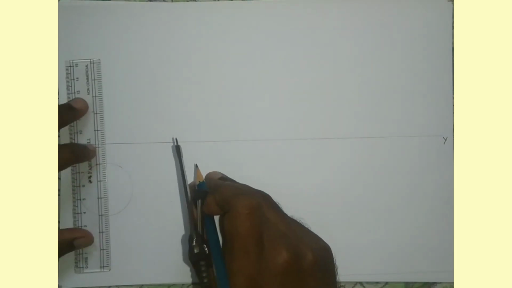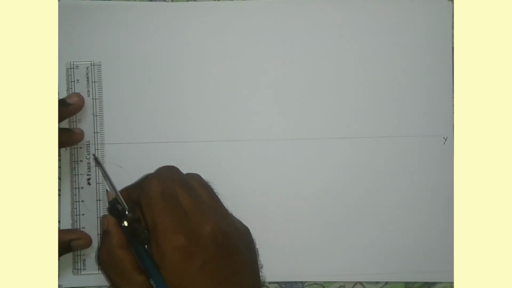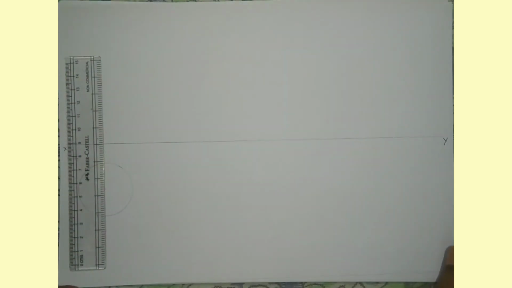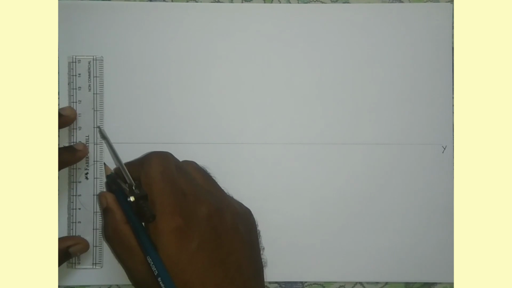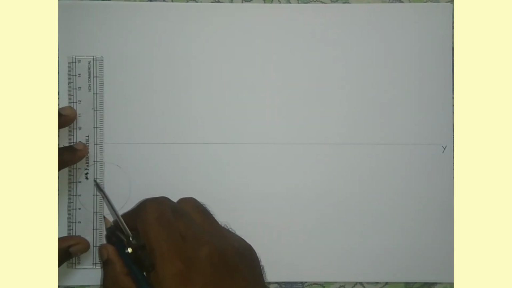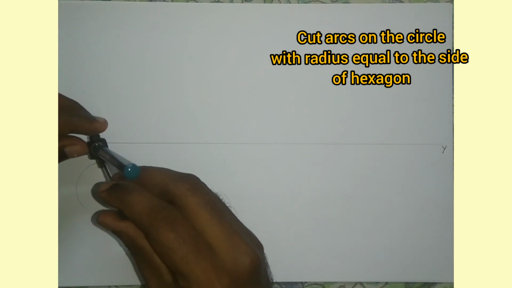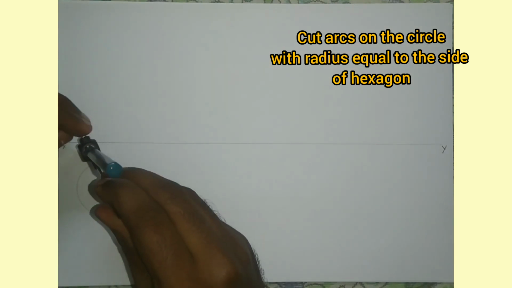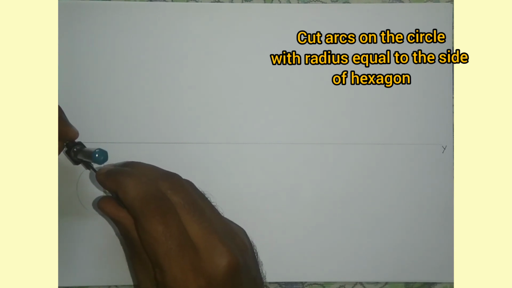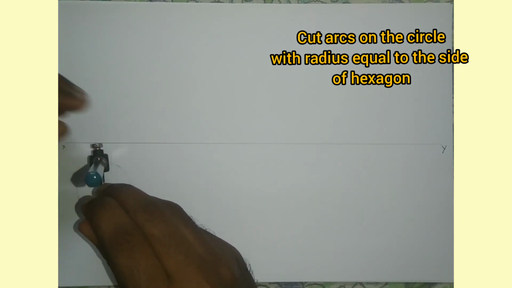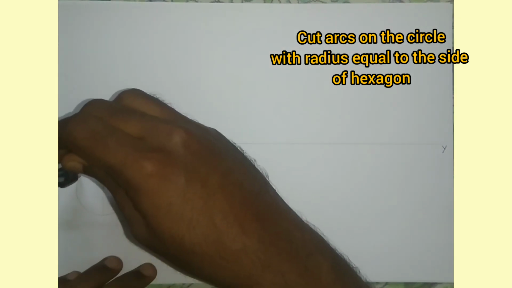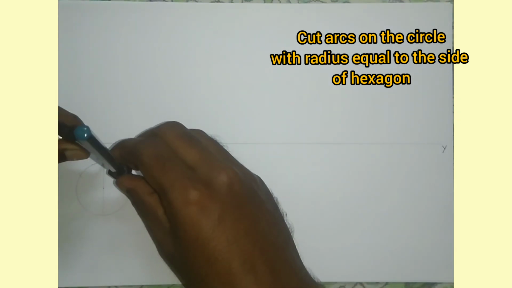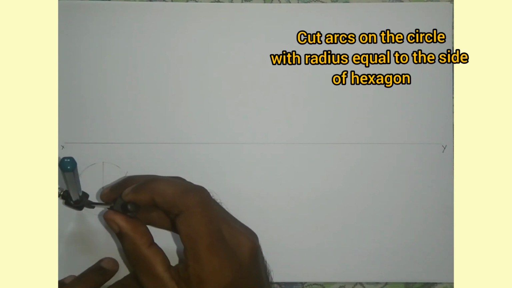Now I am drawing a vertical line through the center of the circle. And then I am going to cut arcs on the circle with the radius 20 mm, that is the radius of the circle. I am measuring the radius of the circle and cutting arcs on the circle. I cut 2 arcs from the top side and 2 arcs from the bottom side.